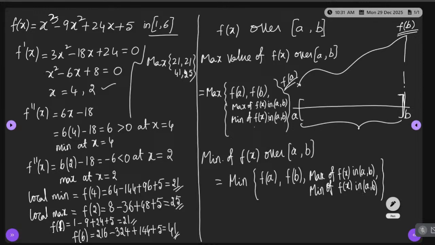Yes, that is nothing but 41. You are not supposed to write 25, you are supposed to write 41. 25 is a local maxima. Many of the students have written 25 as the answer when it was given in the GATE long back.